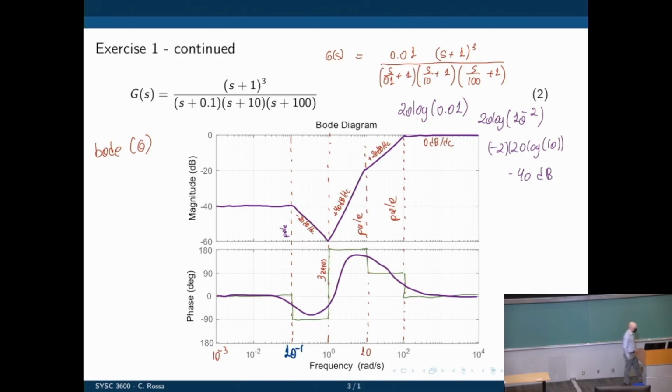The next question is to calculate the phase and magnitude at 10 to the power of 4 radians per second. According to our graph here, we should get something very close to 0 dB and something very close to 0 degrees for the phase and magnitude. So let's try to do that and see what we have.